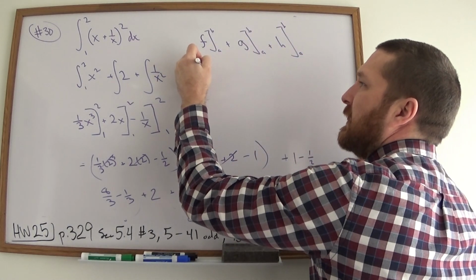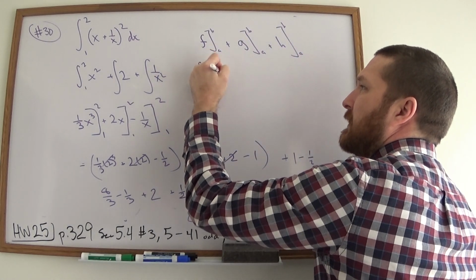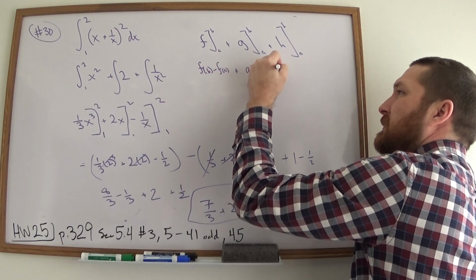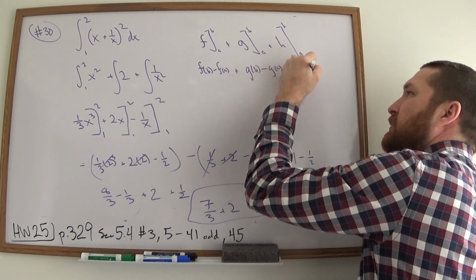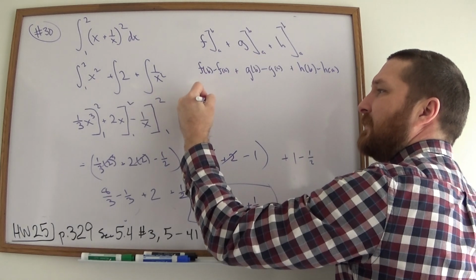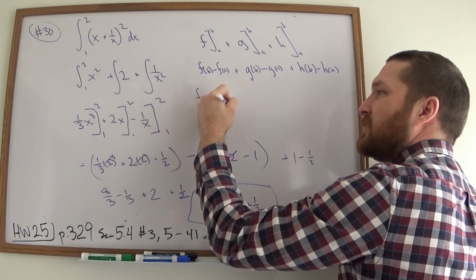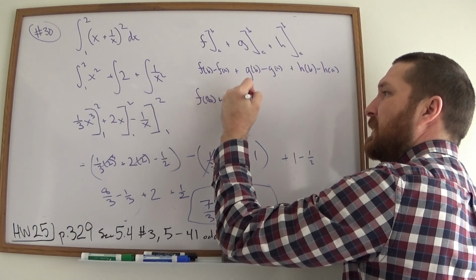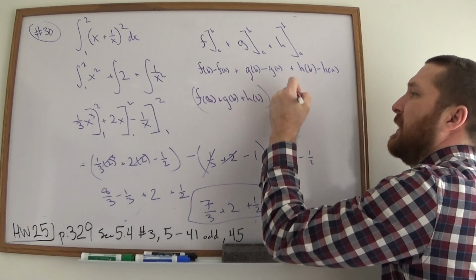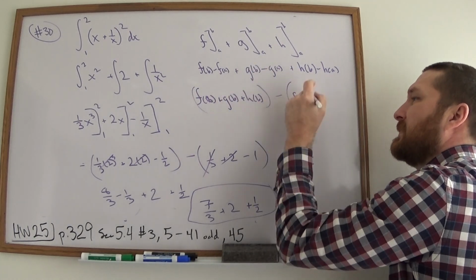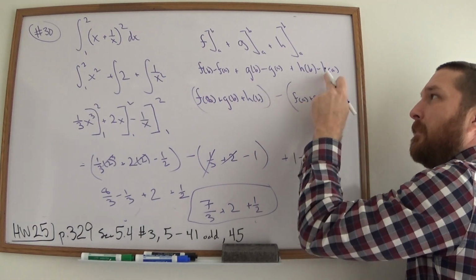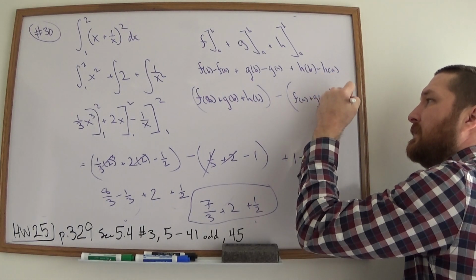That's the same as f(b) minus f(a) plus g(b) minus g(a) plus h(b) minus h(a), which is the same as f(b) plus g(b) plus h(b) minus f(a), plus g(a), because we're minusing it, so I have to add it, minus h(a). Let's just check.